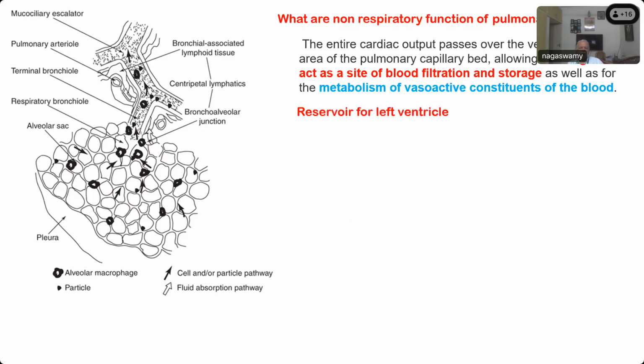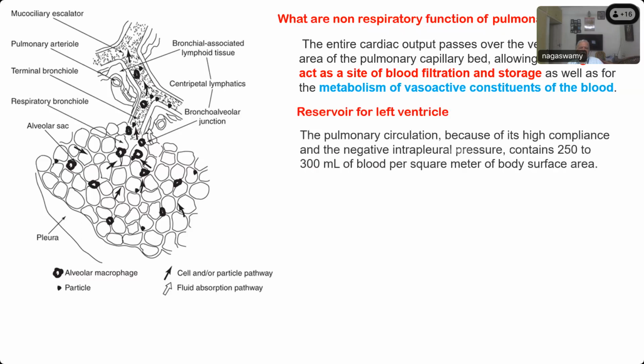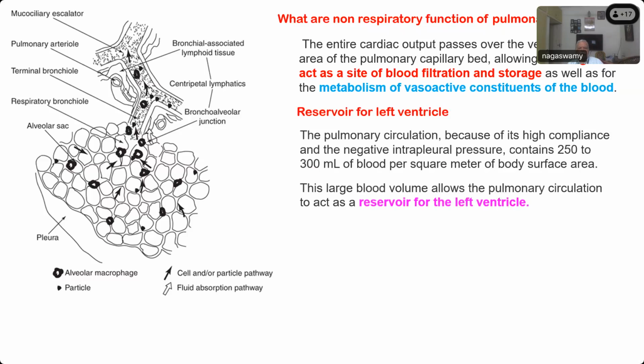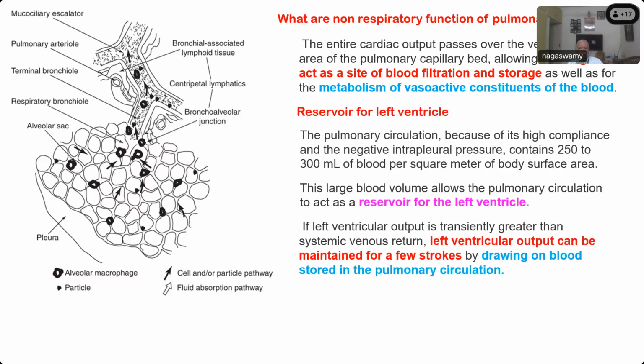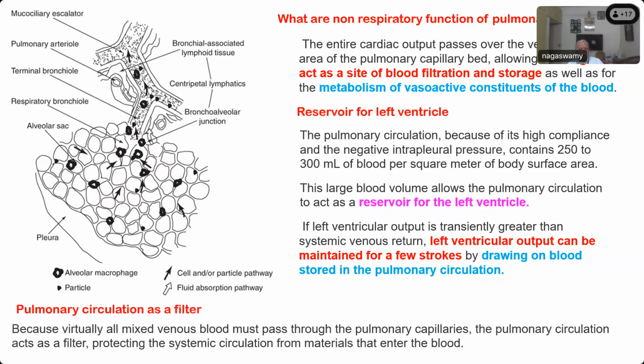So it acts as a reservoir for the left ventricle. It can give up to 200 to 300 ml blood per square meter of body surface area. And the left ventricular output can be maintained for a few strokes by drawing blood from the stored pulmonary circulation.